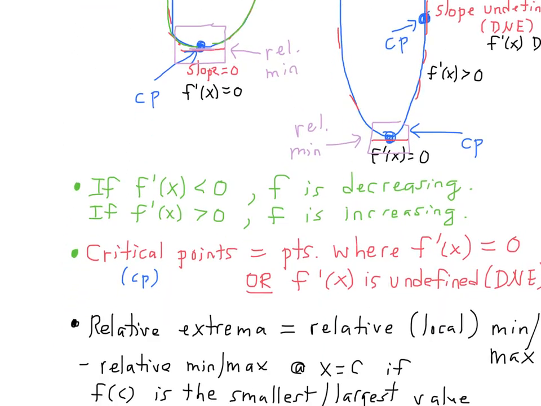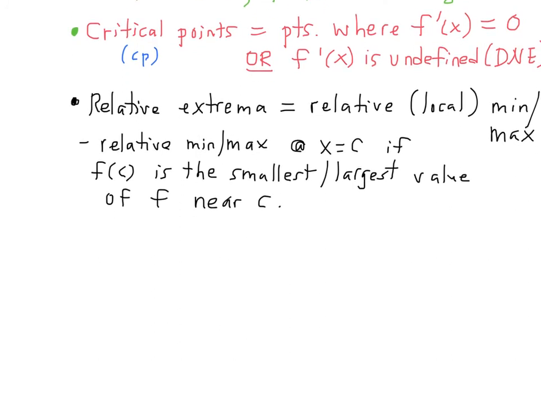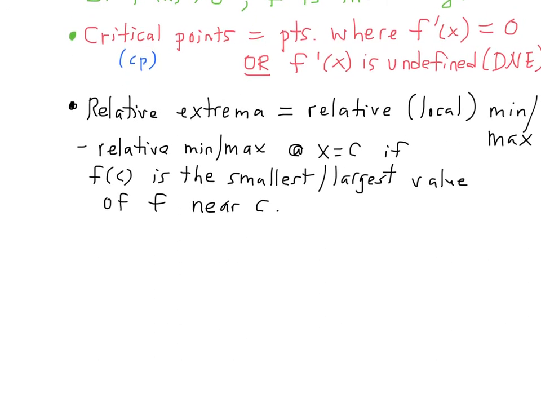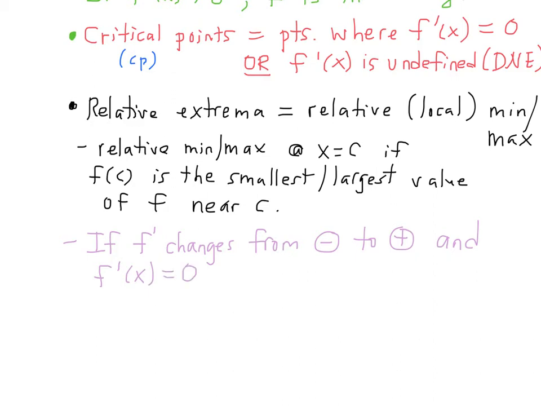It's kind of a special case. So we're going to further define relative mins and relative maxes in the following way. If our derivative, f prime, changes from negative to positive, and f prime of x is equal to 0, we have a relative min.